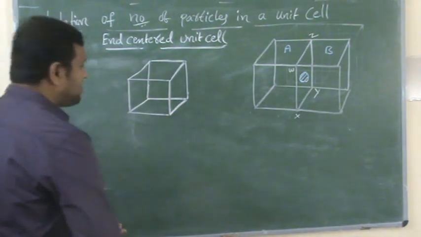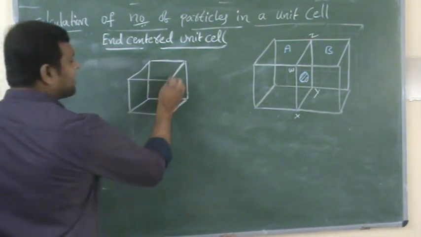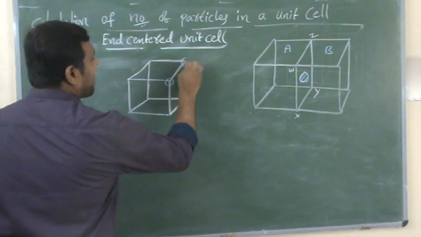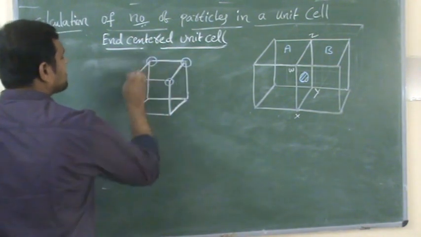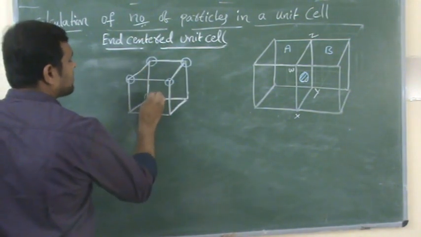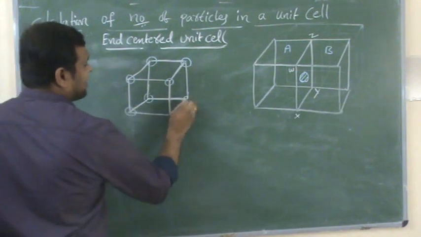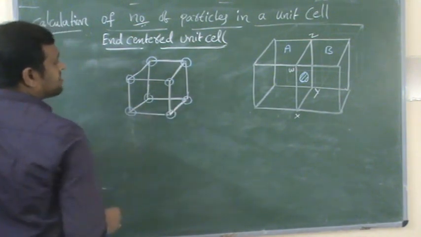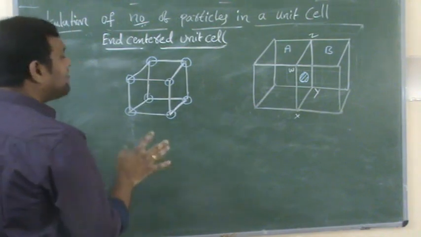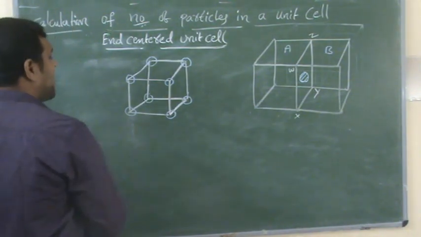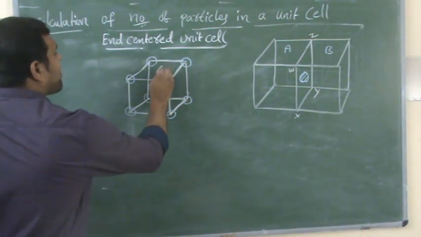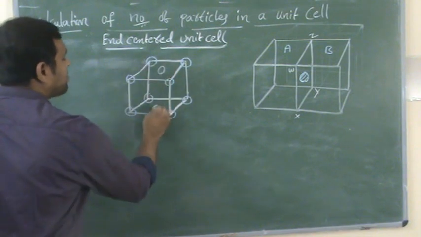So this is a unit cell, end-centered. See, it contains particles at corners and any one of the ends. I'll take particles on top face and bottom face.